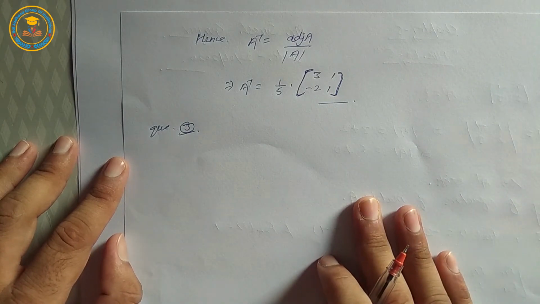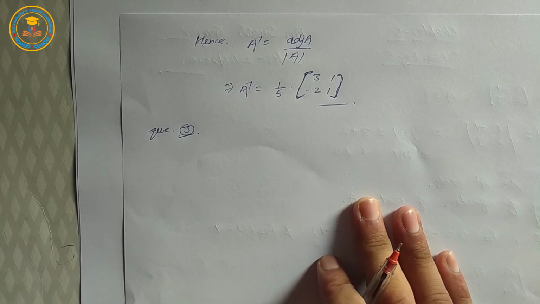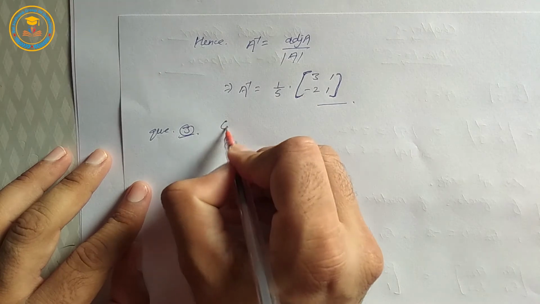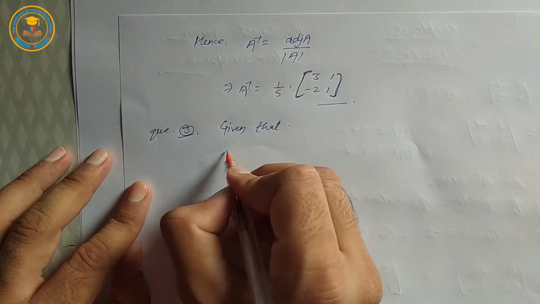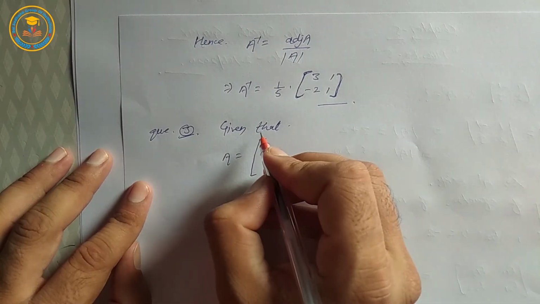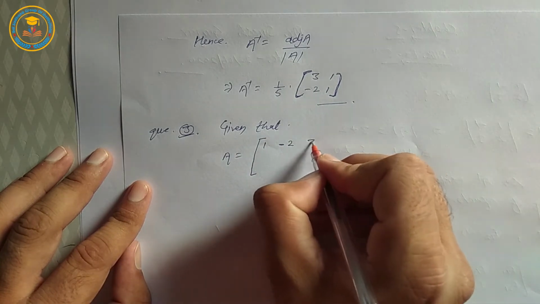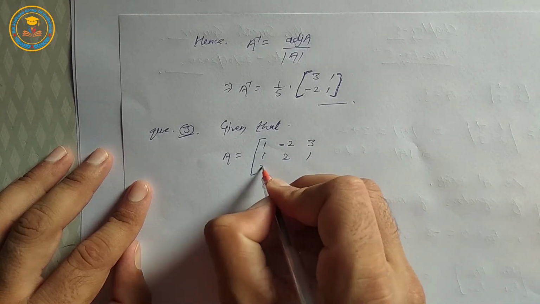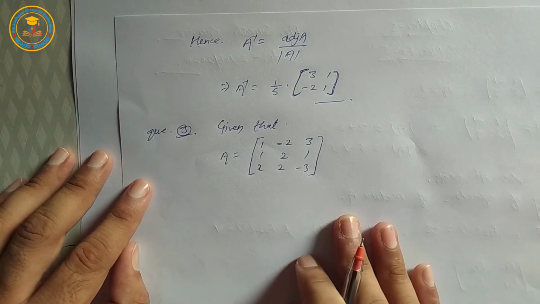If matrix A is a singular matrix, then find the value of x. Given that matrix A is equal to [1 -2 3; 1 2 1; x 2 -3].